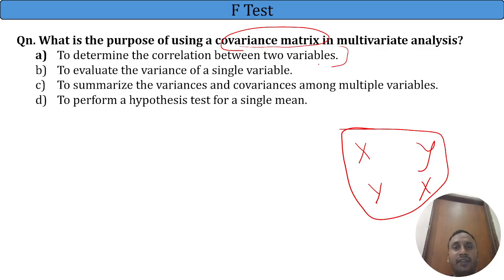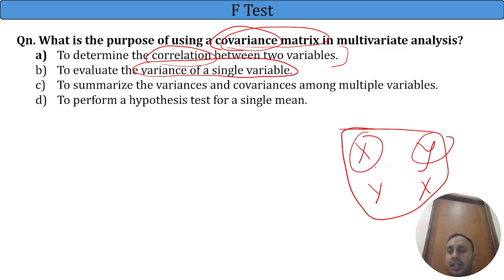We are not talking about correlation here, because both are different. To evaluate the variance of a single variable: in covariance, we check the variance with the variable, but the matrix is going to be a summary. So, to summarize the variances and covariances among multiple variables.